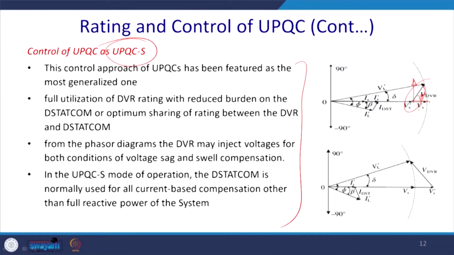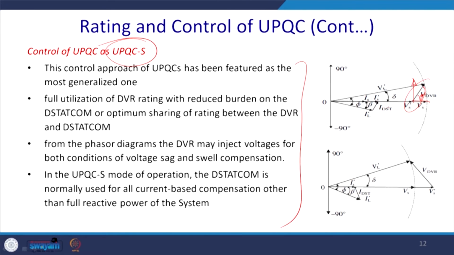It is not that a very high amount of current will flow to the D StatCom as in case of the P, or a very low amount of current in case of the Q while the DVR rating is high. So, accordingly you will choose this injection angle.